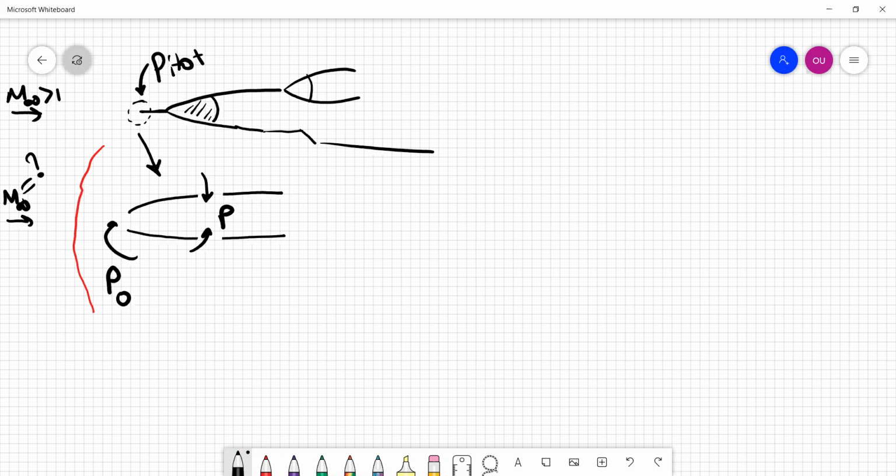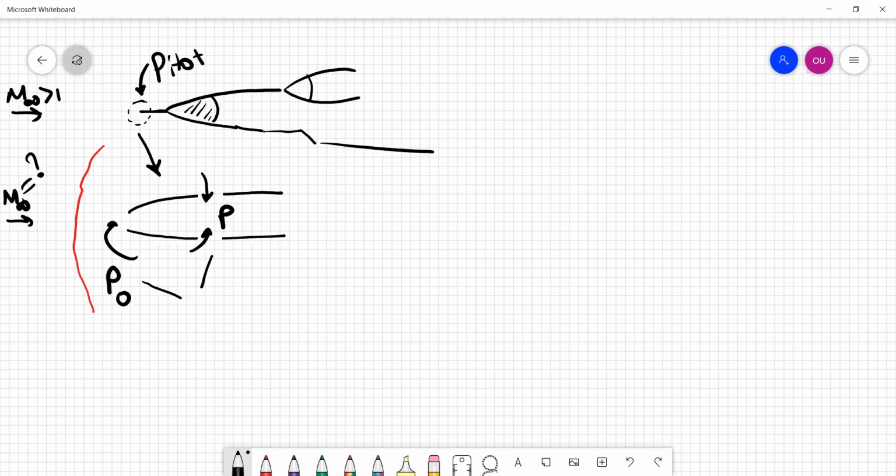What we are measuring are P0 and P. So how can we find a relation, an equation for M infinity in terms of some atmospheric quantities plus these measured values of stagnation pressure and static pressure?